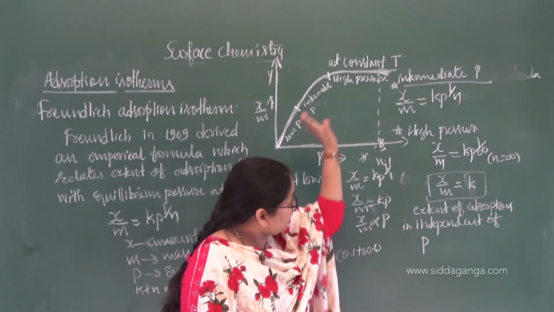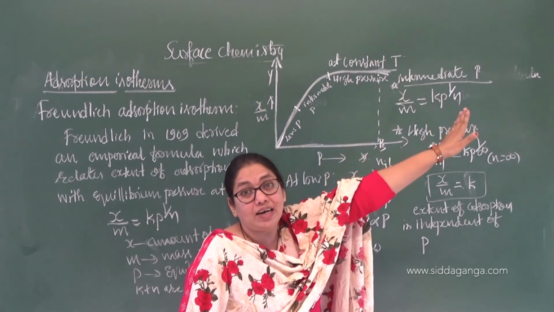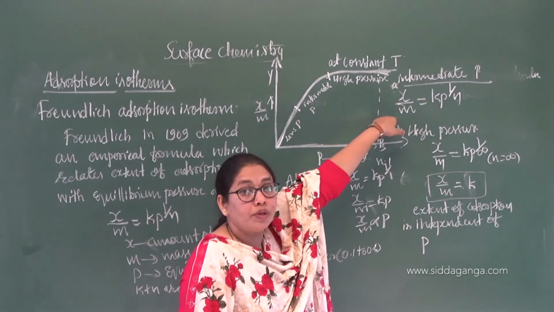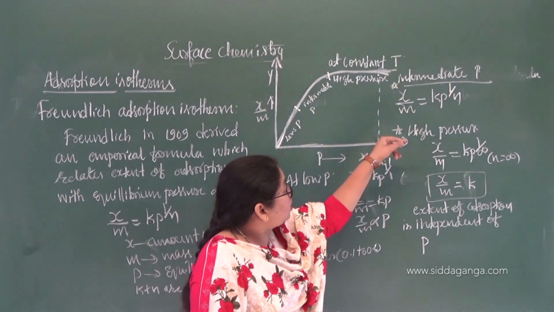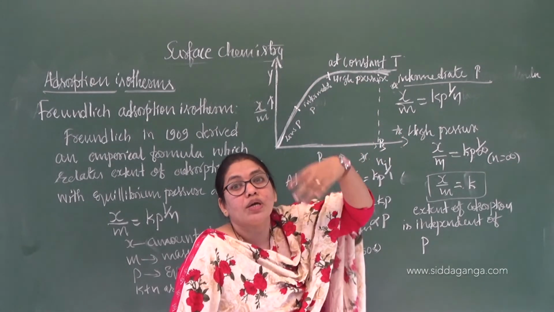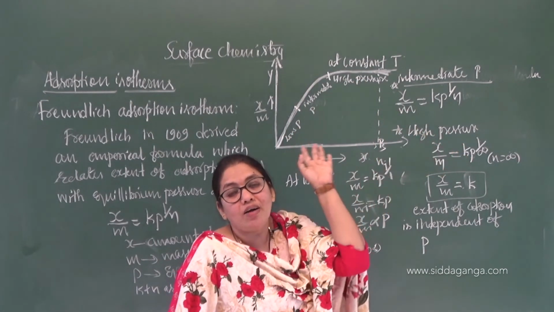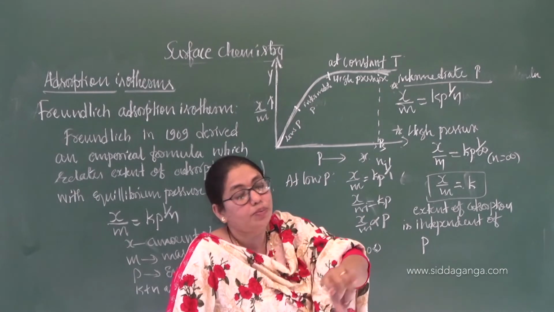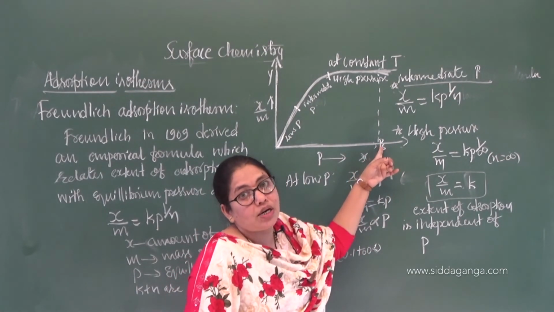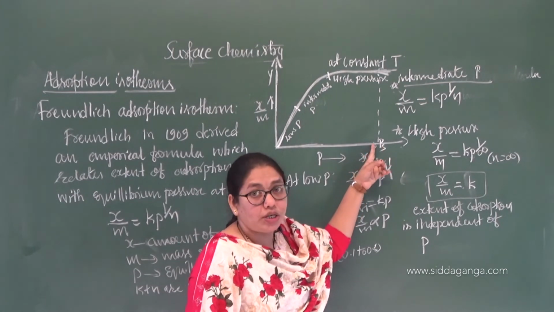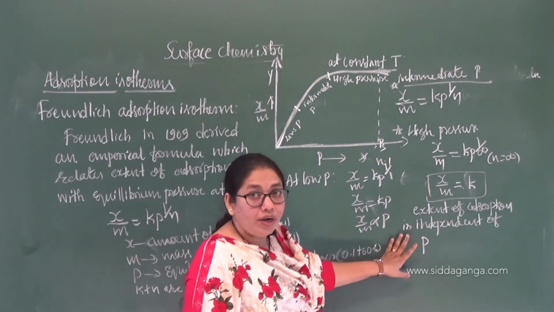If you increase the pressure further at constant temperature, you can see that there is desorption, and the rate of adsorption is equal to the rate of desorption. We call that the saturation pressure. That happens at high pressure. Yes, very important concept.